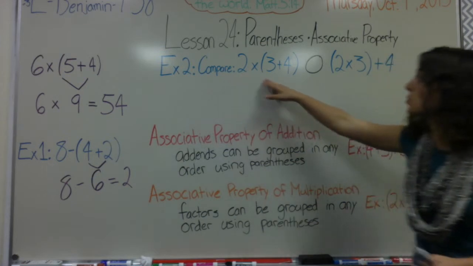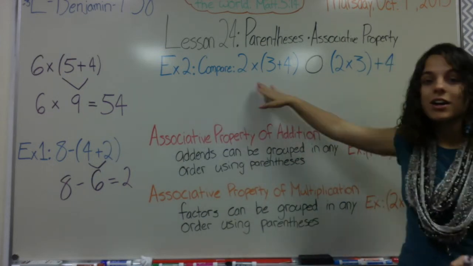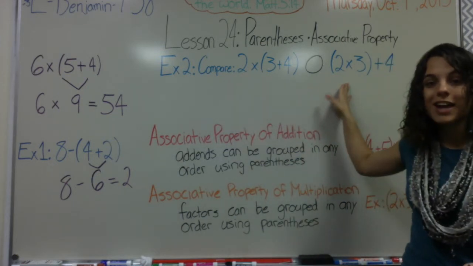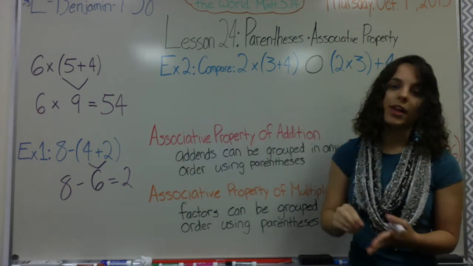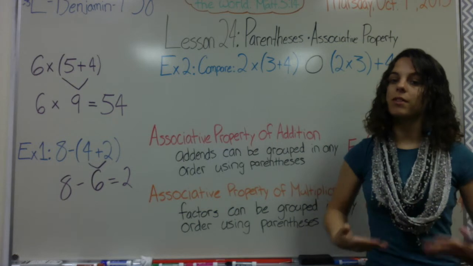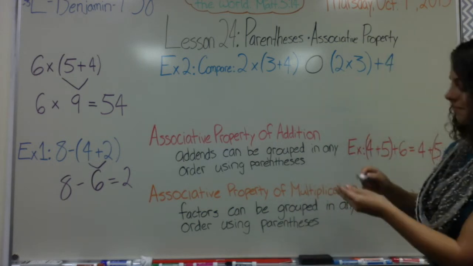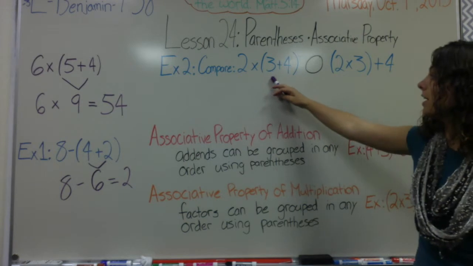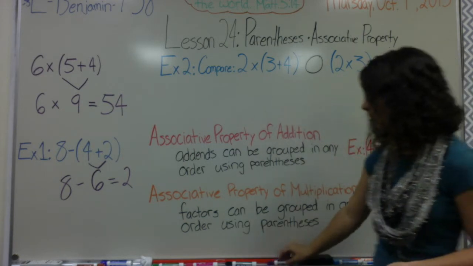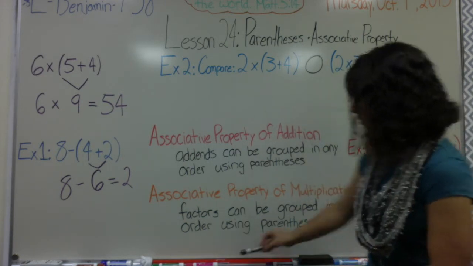So example 2, you're going to now compare these two problems. You have multiplication and addition in both with parentheses. So remember, thou shalt honor the parentheses. You must put them first. The first problem is 2 times the quantity 3 plus 4. We're going to break this one down.